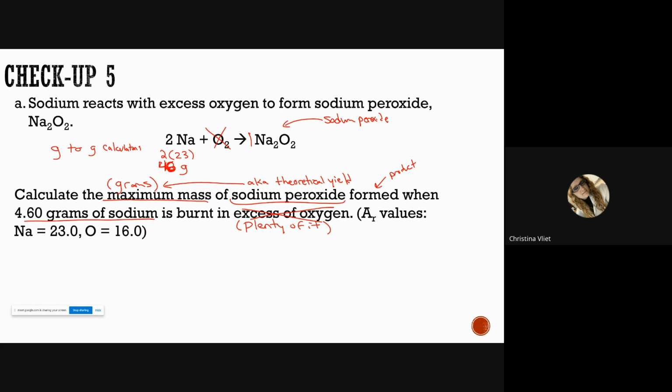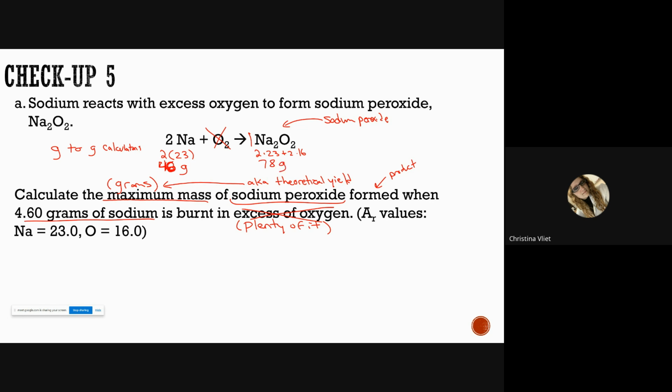So just the molar mass, which would be 2 times 23 plus 2 times 16. 46 plus 32. 46 plus 30, 78. Check my math. Is that what you get?